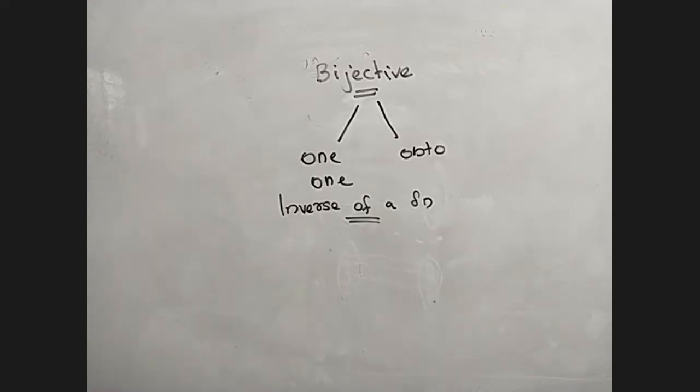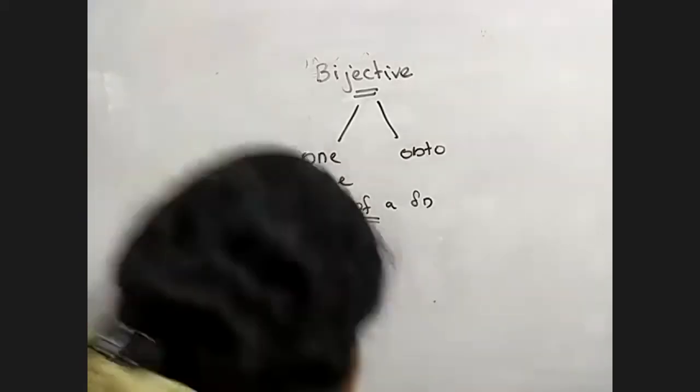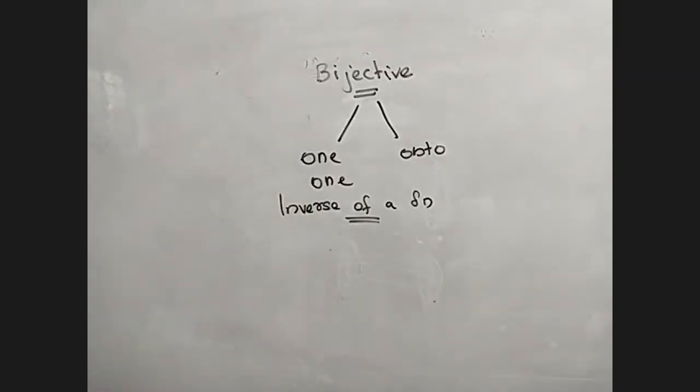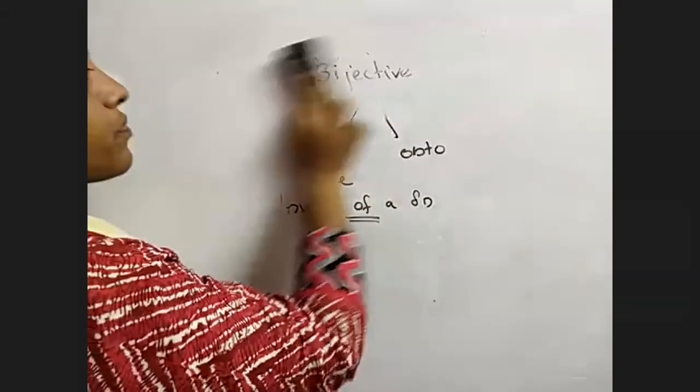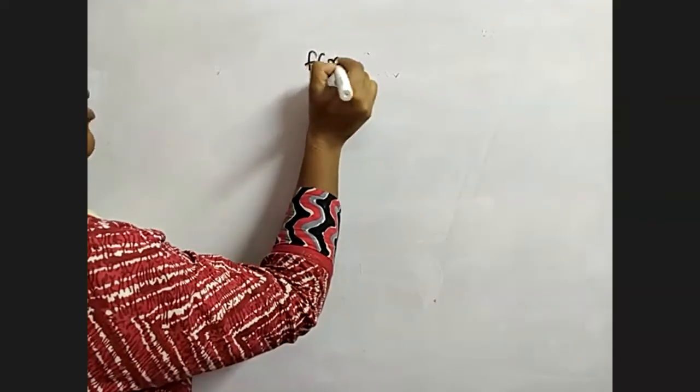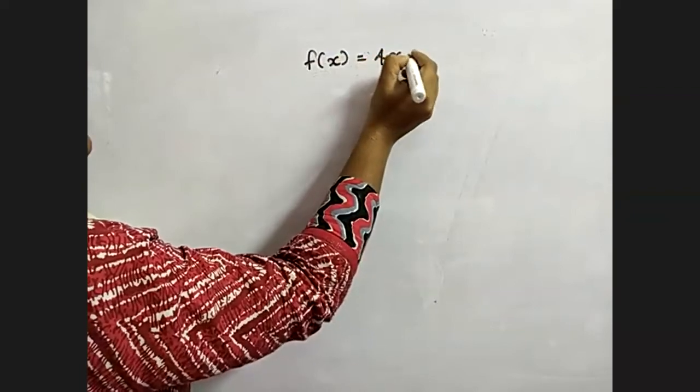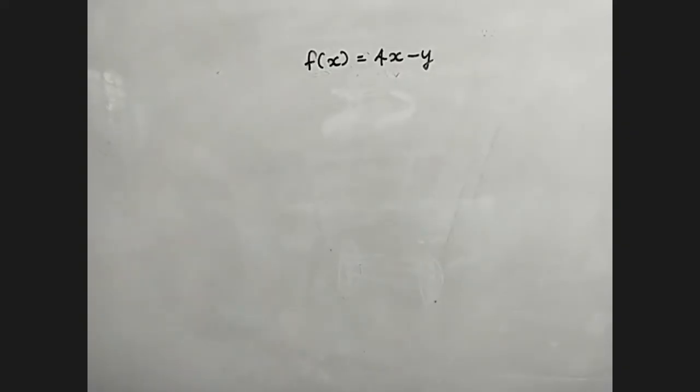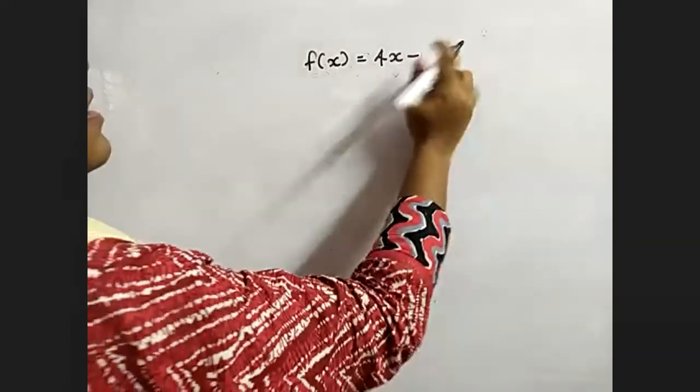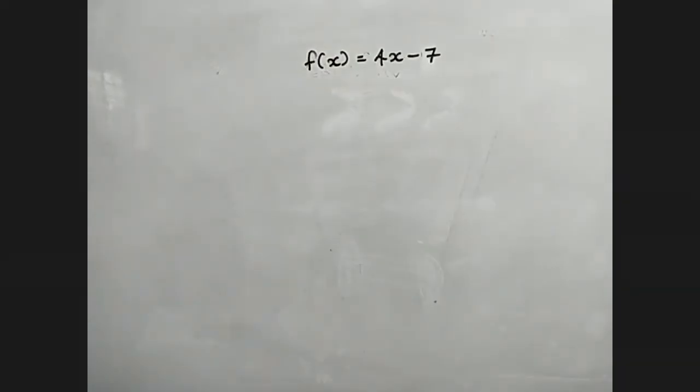Now, as an example, let's show the inverse of a function. Is it clear what the conditions are for a function to have an inverse? It should be one-one and onto. Now suppose they are asking you what is the inverse. A function is defined as f of x equals 4x minus 7.